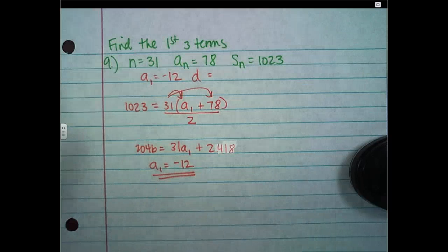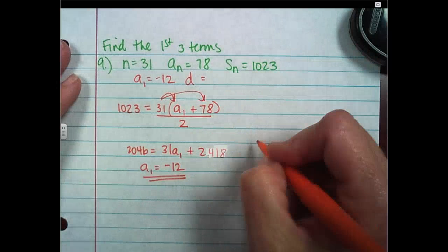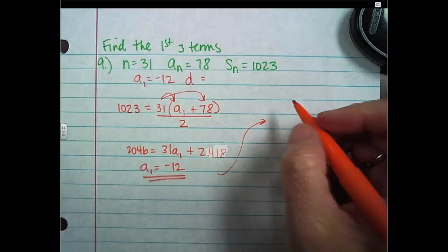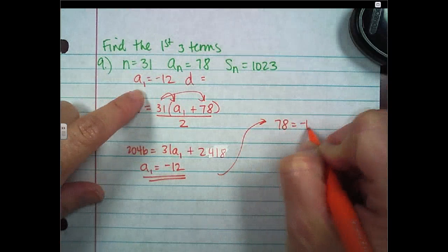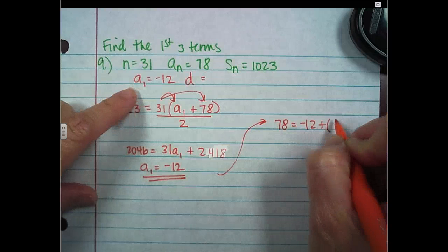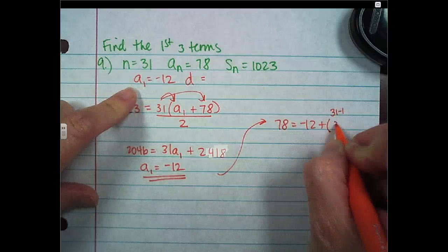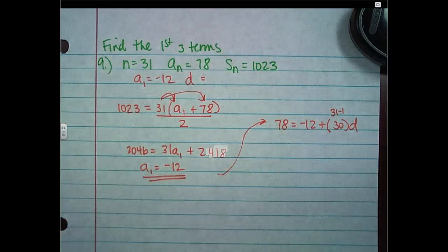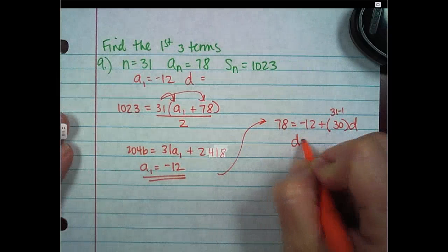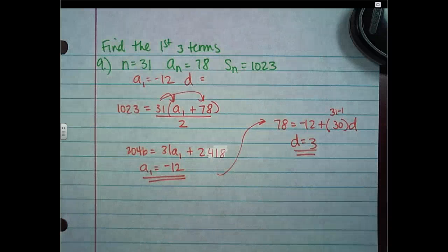So let's use that to find D. 78 equals -12 plus 31 minus 1 is 30, D. Move your 12 over and divide by 30. So what's D, guys? 3.